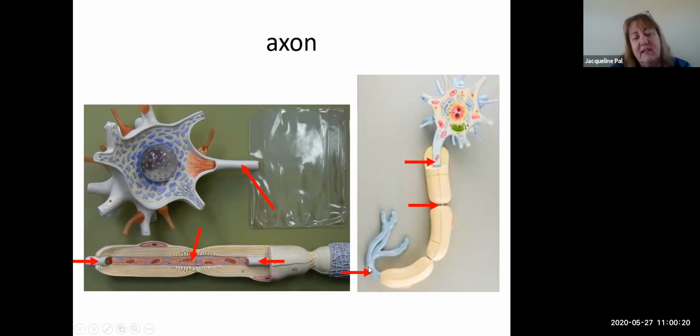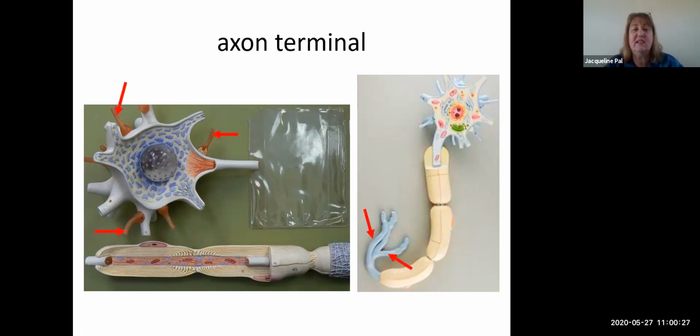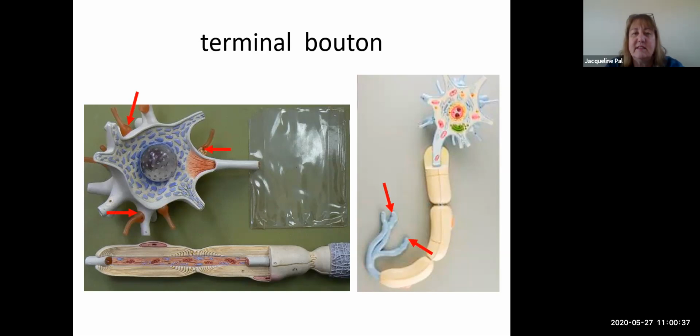And then the distal end of the axon is going to branch into about 100 different branches, and each of these is called an axon terminal. And the very tip of the axon terminal is enlarged, and that is called the terminal bouton. So we go from axon hillock to axon terminal to terminal bouton.